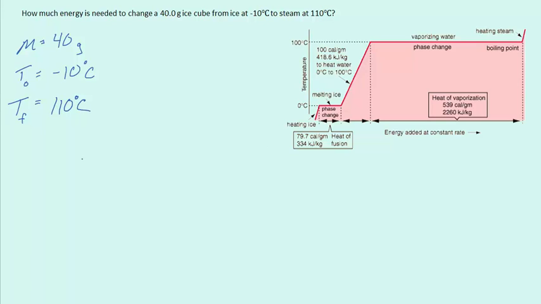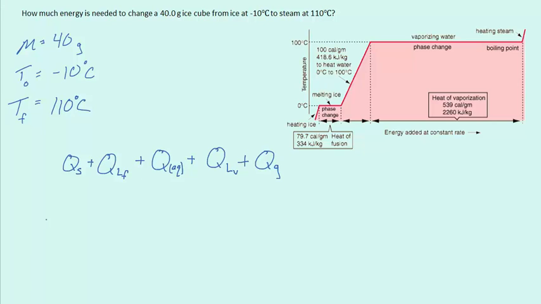So if we write an equation that shows the heat put into the system, we'll have Qs for our energy put into the solid ice, plus QLF, which will be the energy needed to transform our block from its solid state to its liquid state, plus Q of the energy put into its aqueous state, plus QLV, transforming it from its liquid state into its gas state, plus the energy that's put into the system once it's in its gas state. So we see in our equation we'll have 5 Qs.